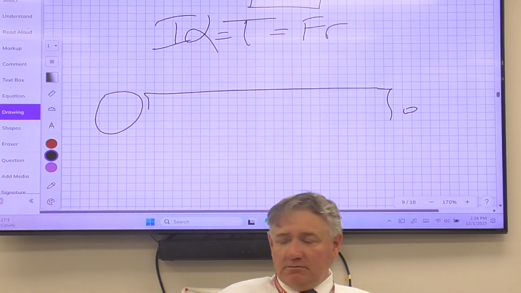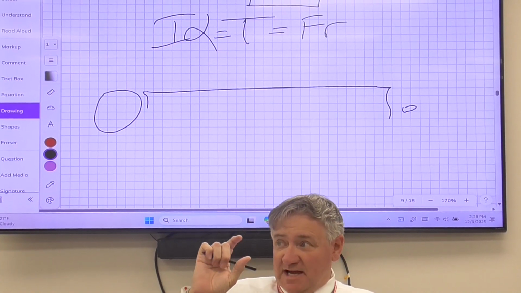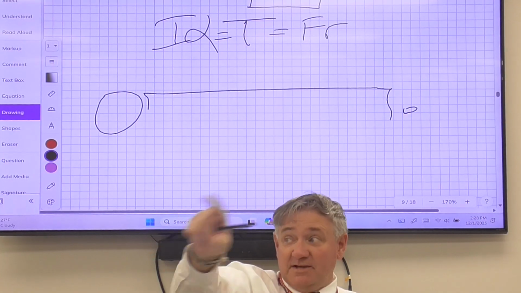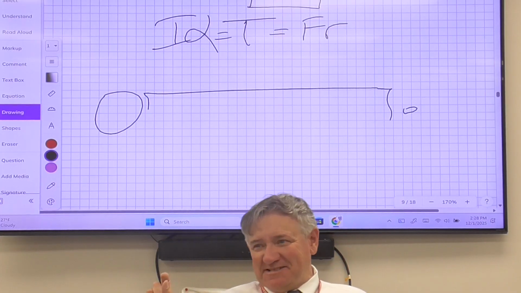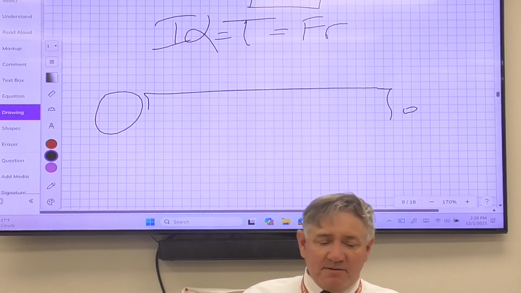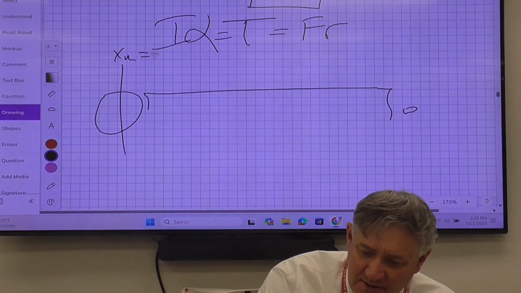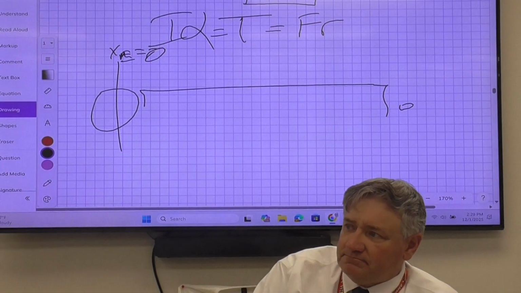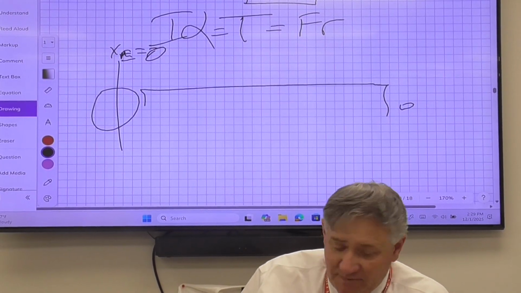If the Moon was the size of a tennis ball, the tennis ball would be in the back corner of the room. To scale, that's how far away the Moon is. We always draw it like it's close. It's not. So what I would recommend on number 10 is that you let the position of the Earth have a value of 0. Make that the point where you judge all the positions from.